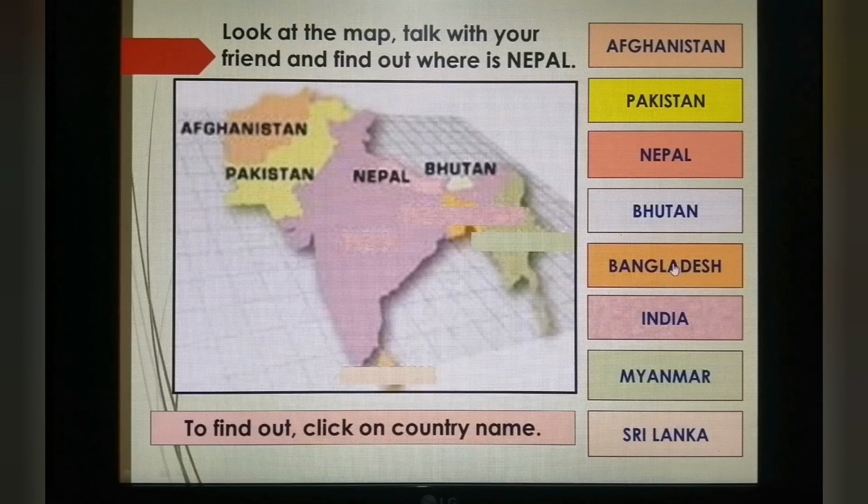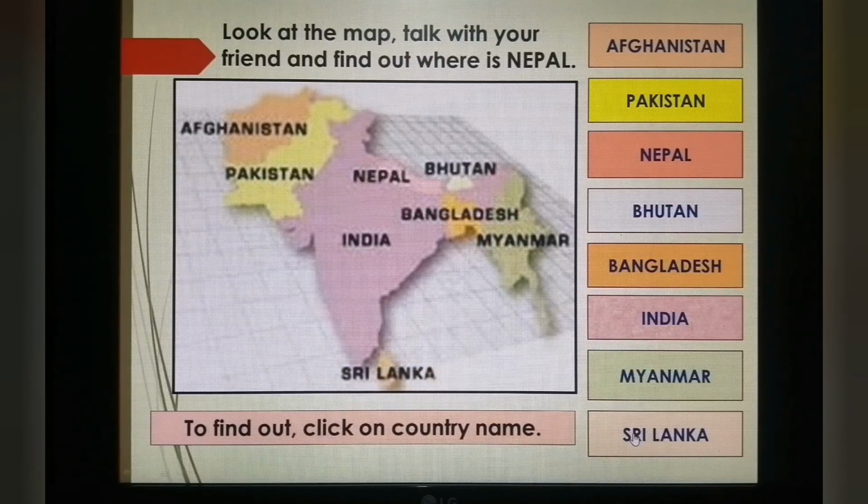And we click on our motherland Bangladesh. Here is Bangladesh. India, a large country. You see on the screen a pinkish color on the map. Myanmar. Here is Myanmar. And last of all, Sri Lanka. Here is Sri Lanka. Students, now you know where these neighboring countries are situated or located.